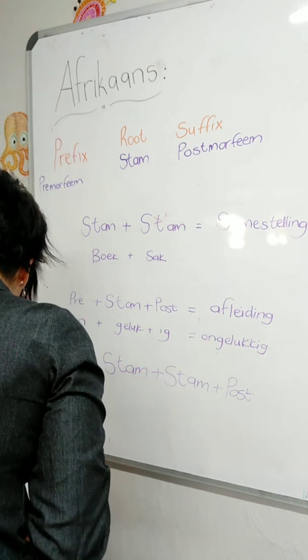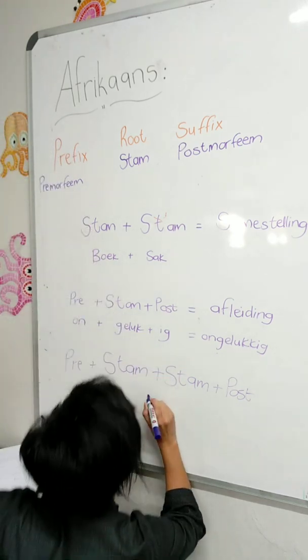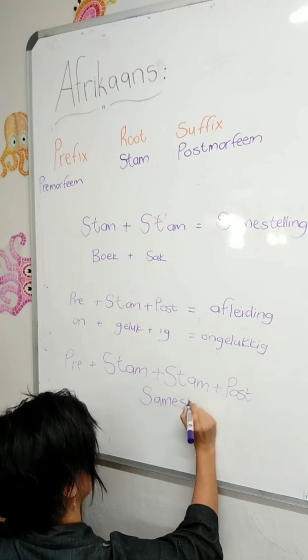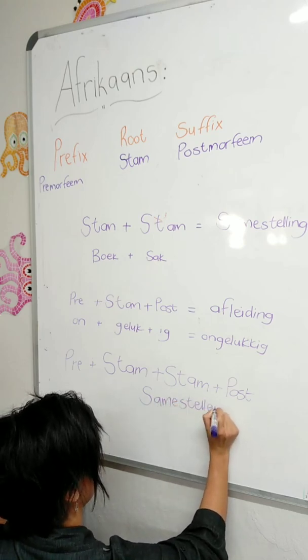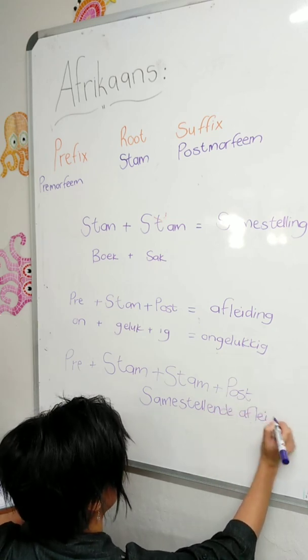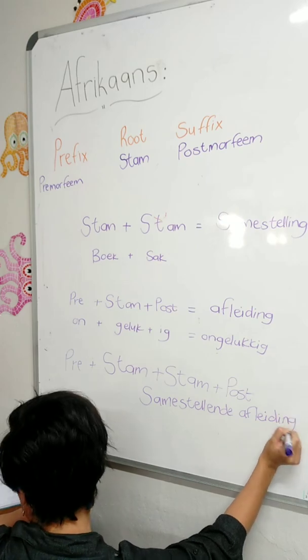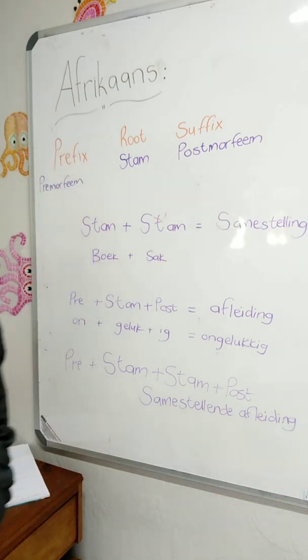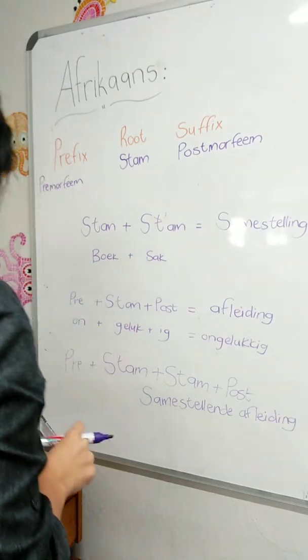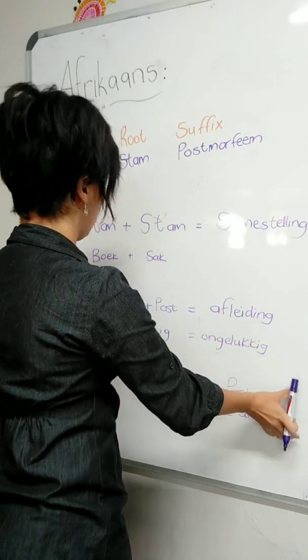This we call 'n samestellende afleiding. Samestellende afleiding. Now an example of this will be ongelukstonele. Okay, so that would be a pretty big word, obviously.